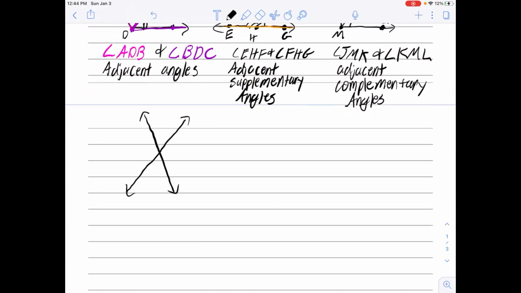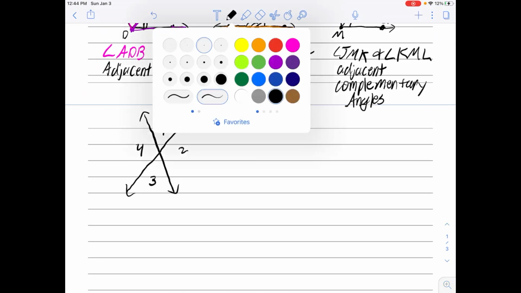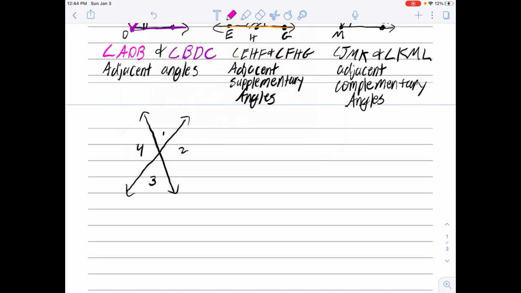I'm going to call these angles 1, 2, 3, and 4. Now, if I was going to talk about what angles are opposite each other, angles that are opposite each other are the ones directly across. So that would be angle 1 and angle 3.